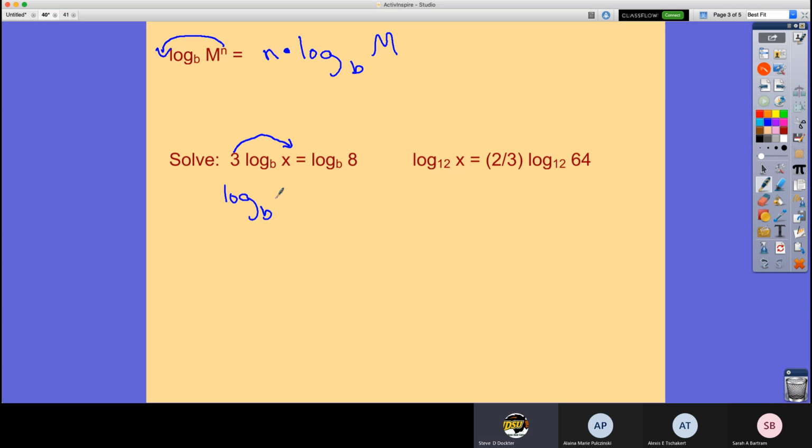So we'd have log b of x cubed equals log b of 8. Since these b's are the same, then we'd have x cubed equals 8. What is x going to equal here? 2. And if we throw that back in, that's positive, so it's going to work there. All right, so x equals 2.